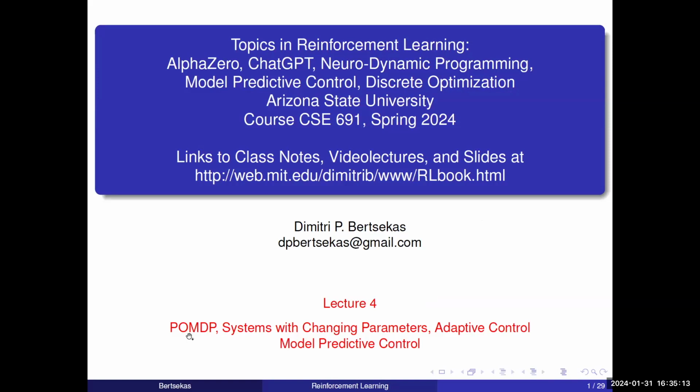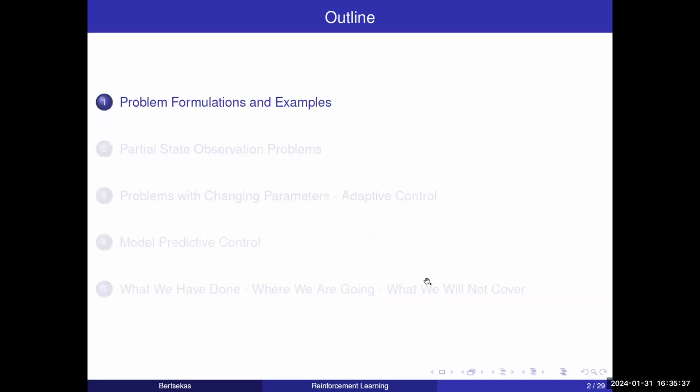What we're going to do in this lecture is revisit POMDP, partial observation Markovian decision problems, then talk about systems with changing parameters and the general area of adaptive control in particular, then talk about model predictive control, and also we're going to overview the overview lectures. So here's the outline.